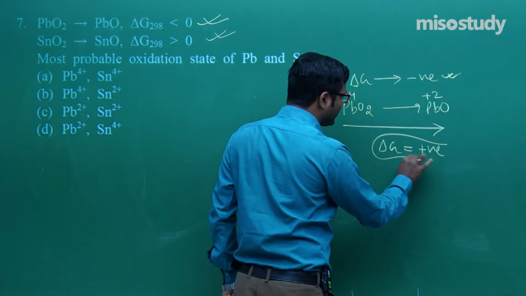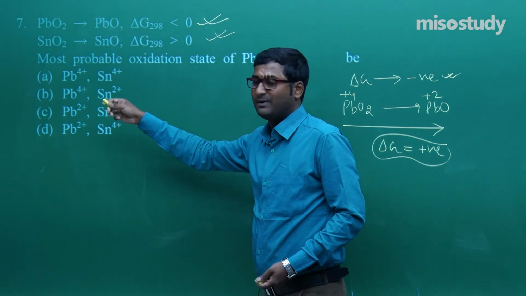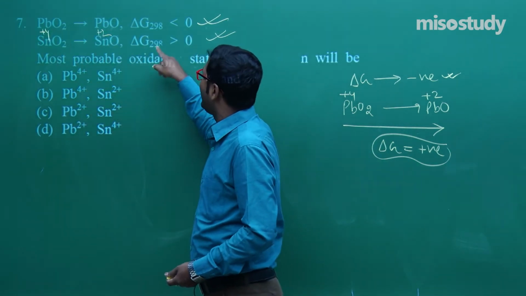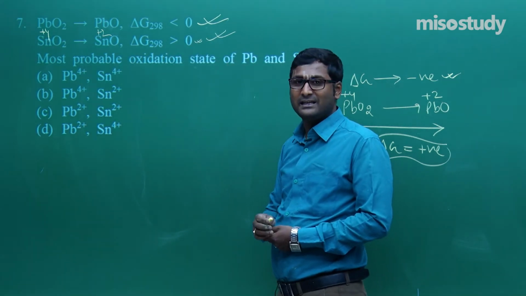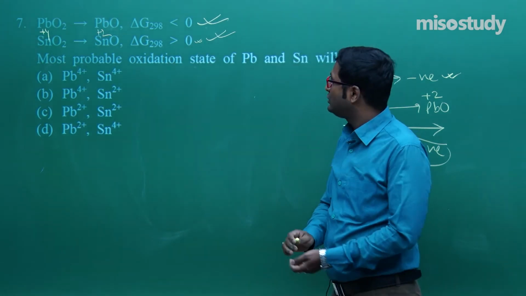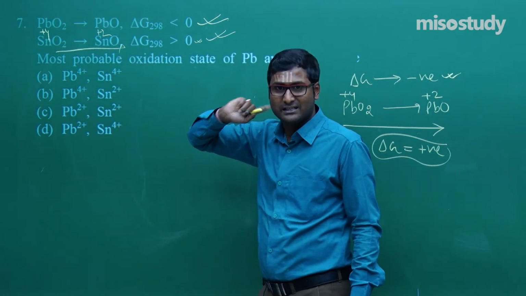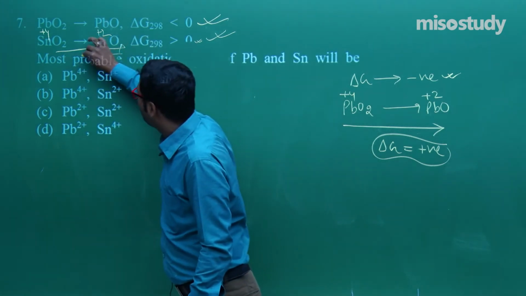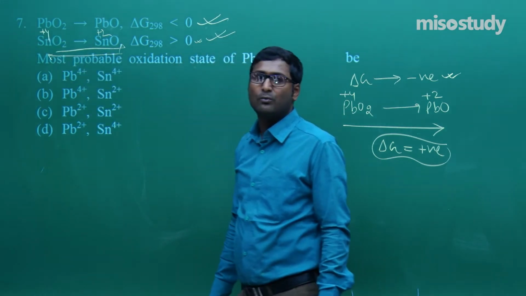If delta G is positive, then the forward reaction is not feasible, the backward reaction is feasible. So we cannot say we can convert +4 to +2, because the reaction is non-spontaneous in nature. If delta G is greater than 0 for any reaction, then the forward reaction is not possible, as I discussed during my theory lecture. So the reaction will move in the backward direction. In this case, +2 will be converted to +4.